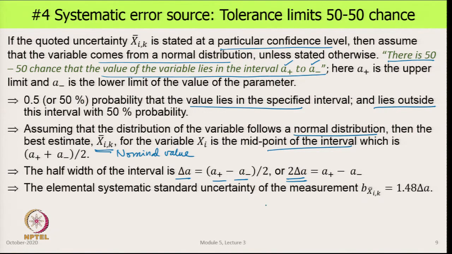And being 50-50 probability, for the normal distribution the factor is 1.48. And so, the elemental systematic standard uncertainty on account of this particular factor will be 1.48 times delta A. Delta A is defined from here.